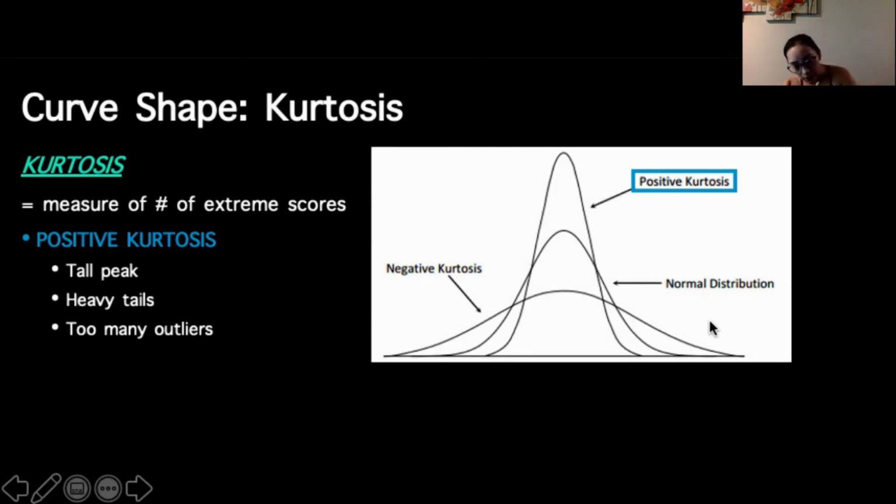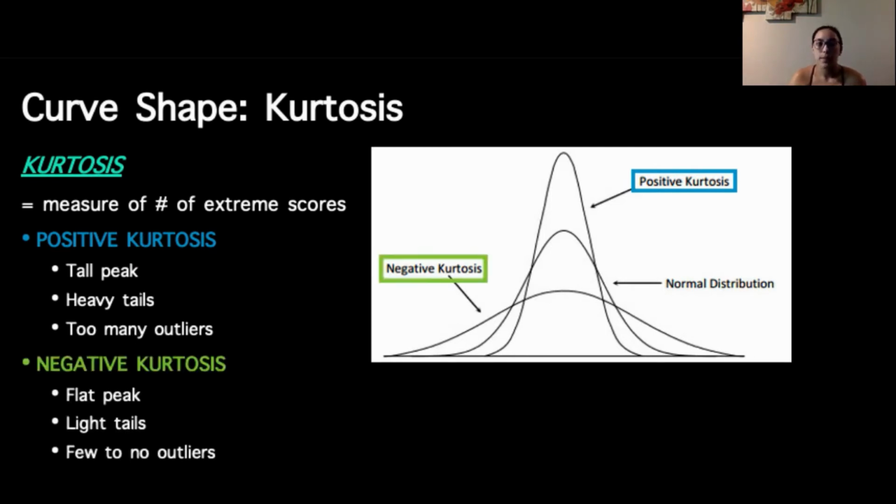And then that's followed by a lot of small occurrences, or very few occurrences of values above the mean. So we end up getting these heavy tails. So positive kurtosis, tall peak, heavy tails, indicative of a lot of outliers, or many outliers.